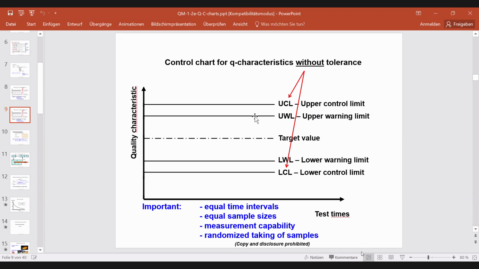But if it's only outside the warning limits, they only make more tests. So the test frequency is increasing. They make more tests, but they let the process run. And a stop of the process is only if a measurement is above the upper control limit or below the lower control limit.